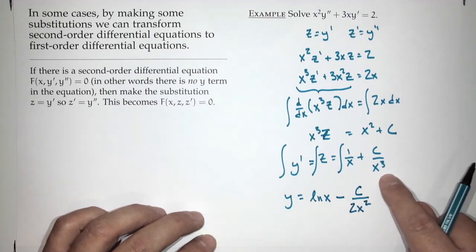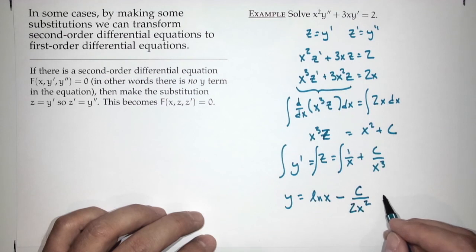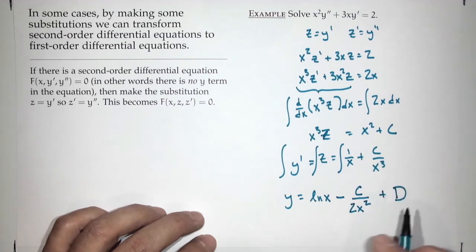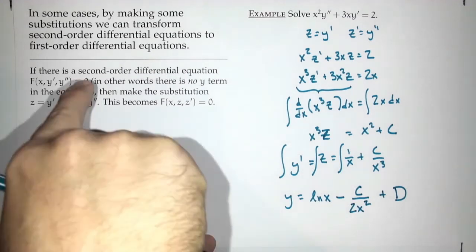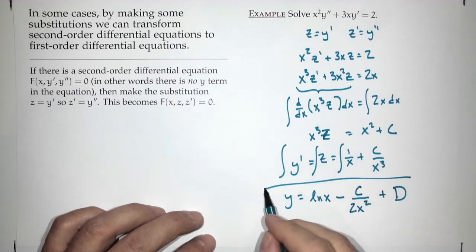So it's x to the minus 3. Add 1 to minus 3 would give us minus 2. So that's why it becomes x squared, then you have to have the 2 there to count. Anything else? Another constant, and it's a new constant. We should expect 2 constants. Why should we expect 2 constants? Because it's second order. Whatever the order is, that's how many constants you should have at the end. All right.